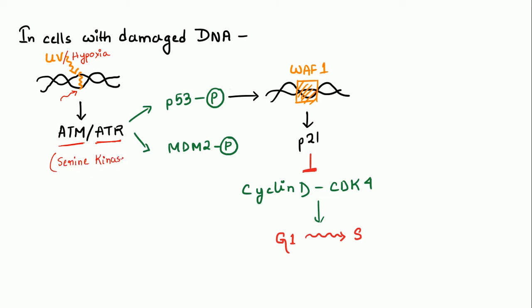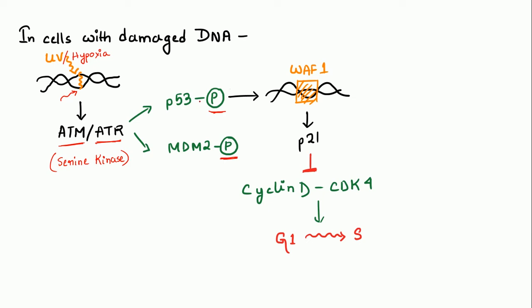So these ATM and ATR proteins phosphorylate other proteins at certain serine residues. Now ATM and ATR phosphorylate p53 and MDM2. Since p53 and MDM2 are phosphorylated, they are no more bound together and are freed from one another.